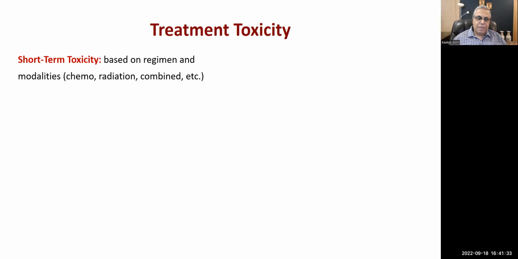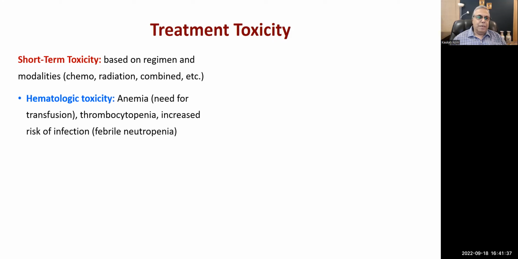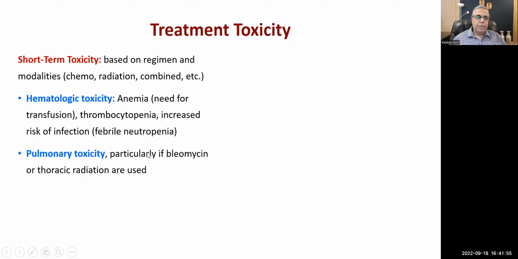Modalities means whether it is chemotherapy or radiation therapy, most of the time it is combined. So it could be hematologic toxicity. The patient can get anemia, thrombocytopenia. Sometimes the anemia could be so severe, particularly when the bone marrow is involved, that there could be a need for transfusion. All right, neutropenia could be there.